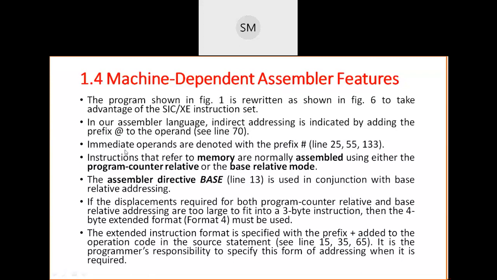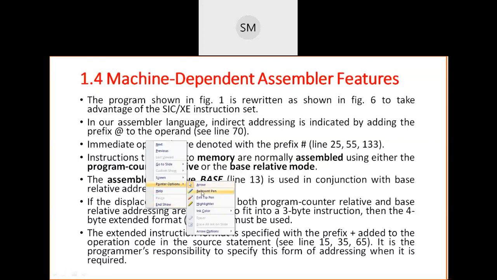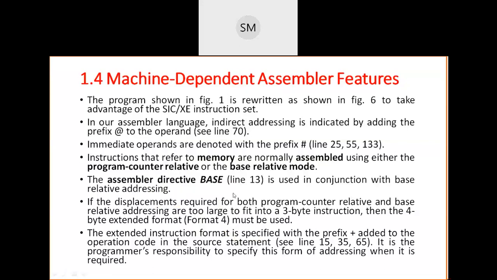Instructions which use memory will usually be translated using either program counter relative addressing mode or base relative addressing mode, as I have been telling you from the beginning.